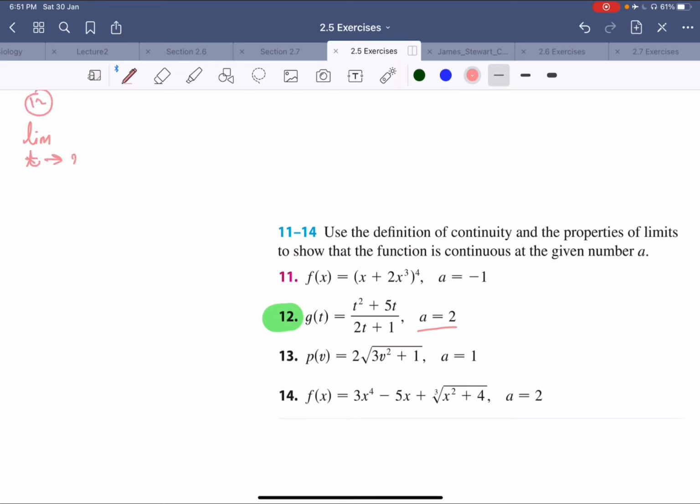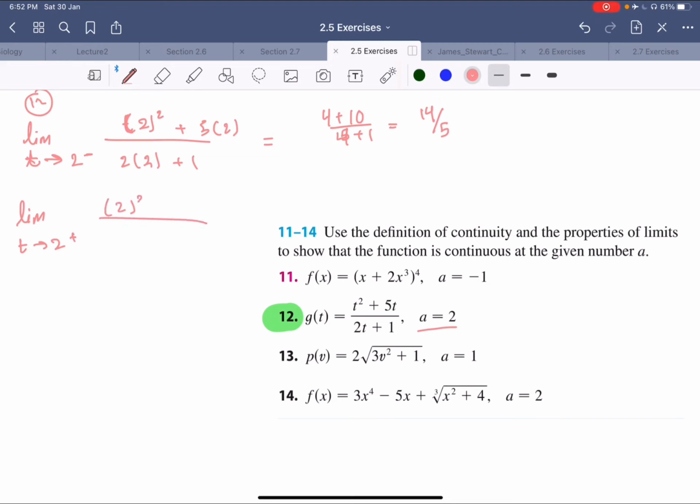We substitute directly, so it will be 2 square plus 5 by 2 over 2 plus 1, which will give us 4 plus 10 over 5, plus 4 plus 1, so 14 over 5. We take the limit when t approaches 2 from the right. Again the same thing, it will give the same answer.